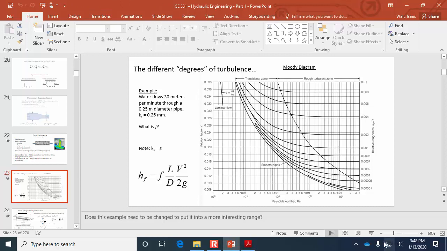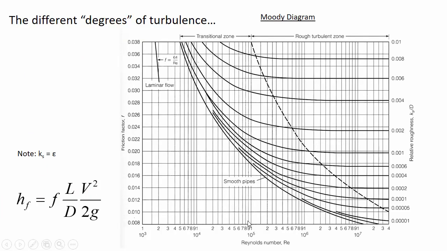So going up from here, going up until we hit that curve. So if it had been 0.0015, so that's between these two, then what you do is you just stay between those two curves until we intersect it, and then we'd go over. Does the Moody diagram make sense to everybody? Good.